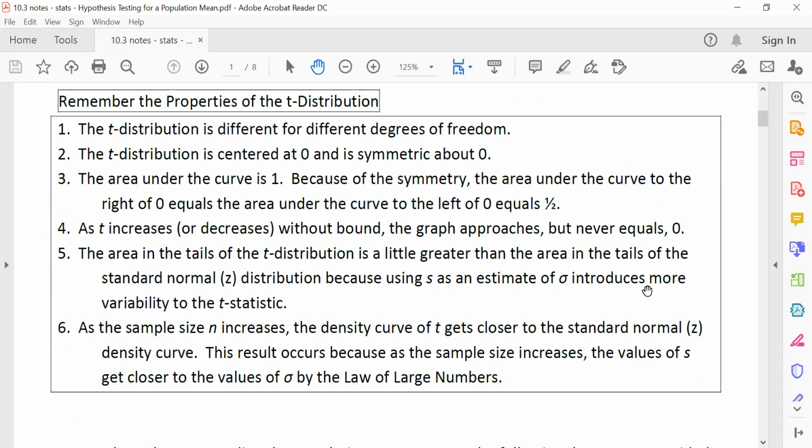So remember some quick properties about the t distribution. You need to know degrees of freedom. It's very similar to the normal. It looks kind of like a bell curve.